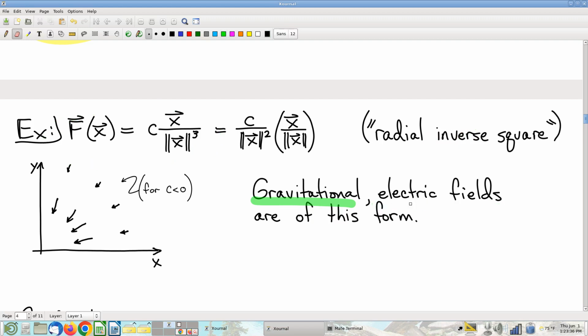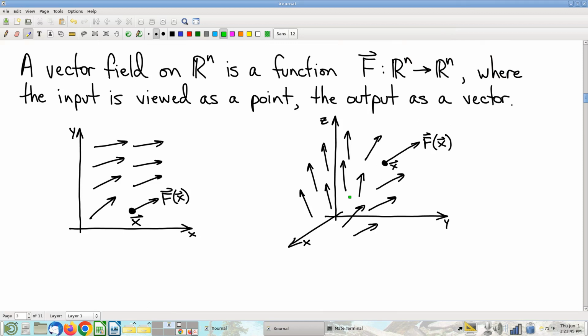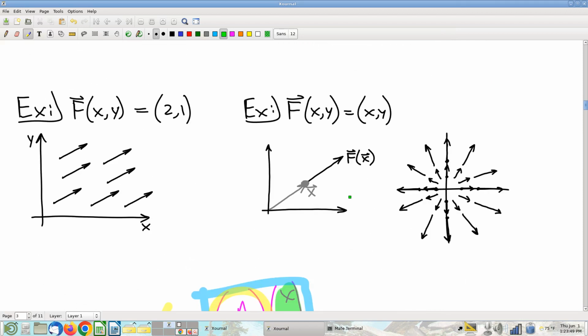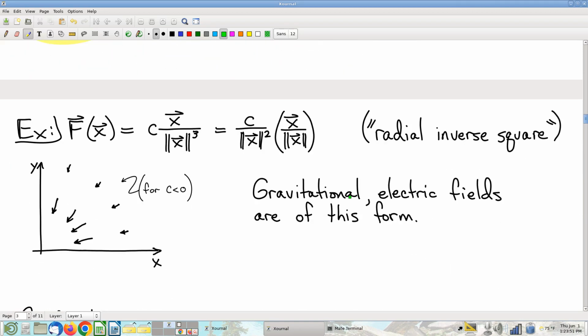So this is one of our first applications of a vector field. Why are we interested in pictures like this and formulas that give pictures like this? It's because this is what physical forces very often look like.